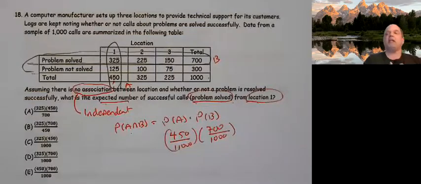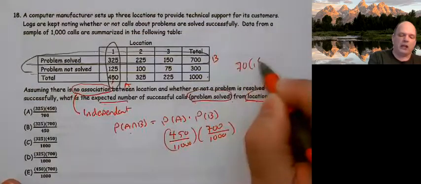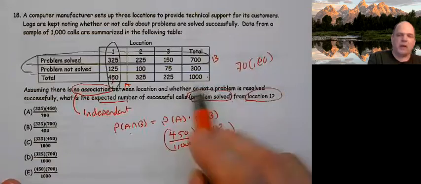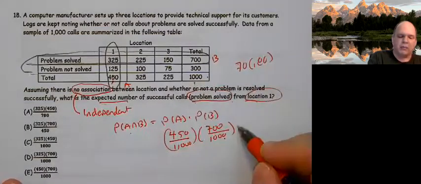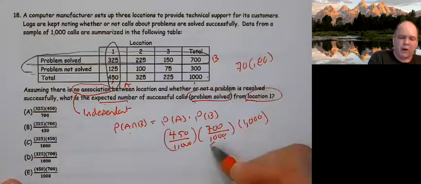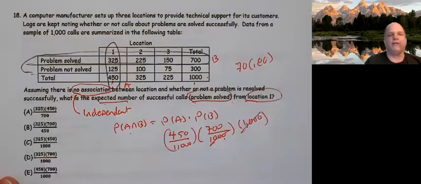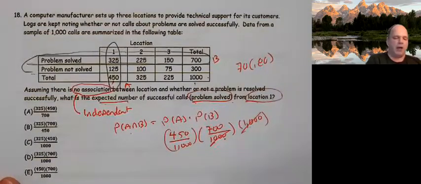Or I make 80% of the shots, I shoot 70 times, you're going to go, okay, 70 times 0.8. Well, here's my probability, so I'm multiplying it by the number of times, which in this case is 1,000. So I'm going to mark these out, that drops off, and I end up getting 450 times 700 divided by 1,000, which gives me answer E.